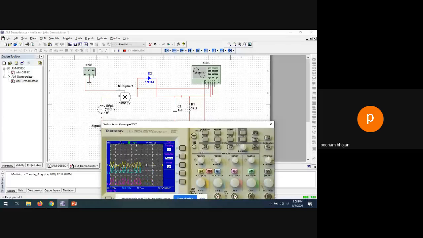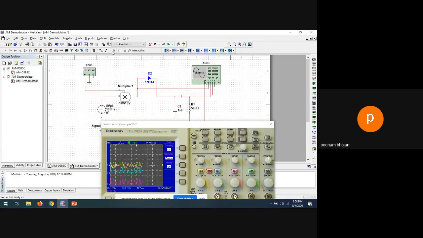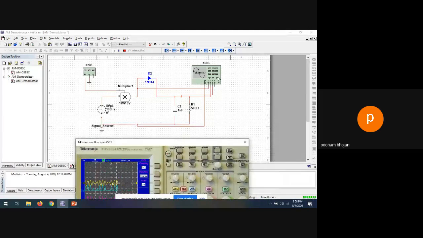Just a minute, I'm setting the RC value so that you can get the filtration also. Okay, I'm not getting much difference in this.